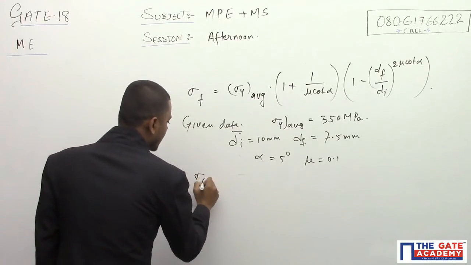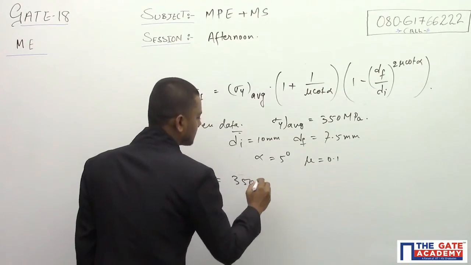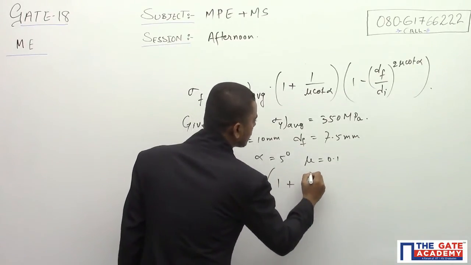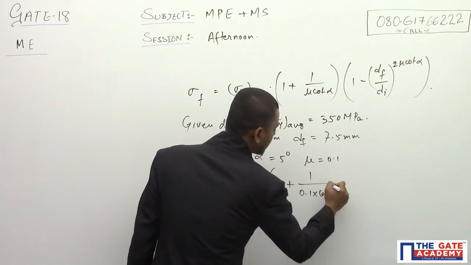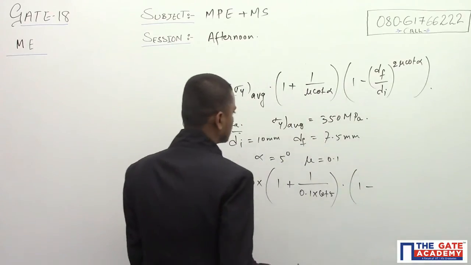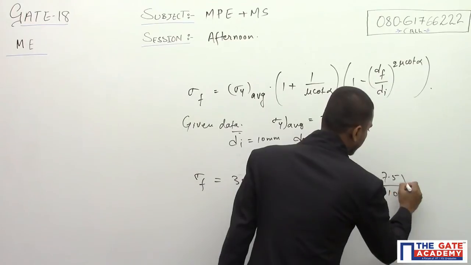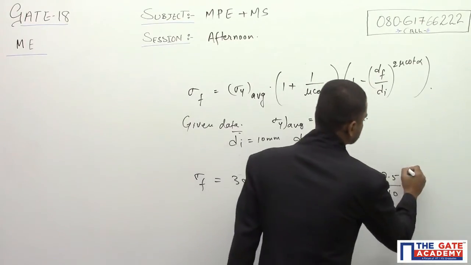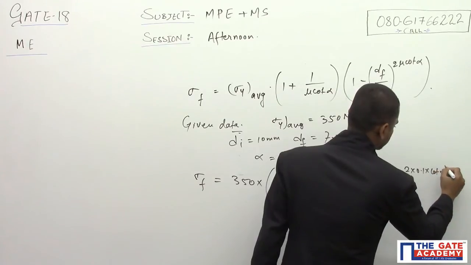So sigma F is equal to 350 multiplied by 1 plus 1 upon 0.1 into cot 5, into 1 minus df, 7.5, upon 10, to the power of 2 into 0.1 into cot 5.